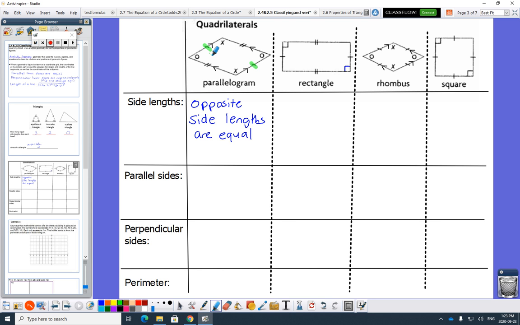So those are opposites, okay? And then these ones. So if you are asked if it's a quadrilateral, then you have to calculate 4 side lengths, okay?